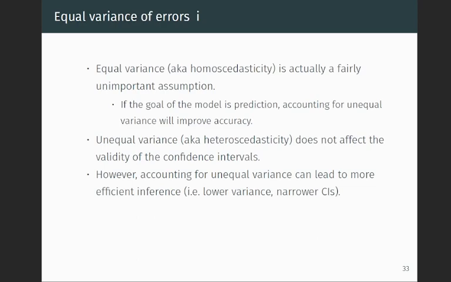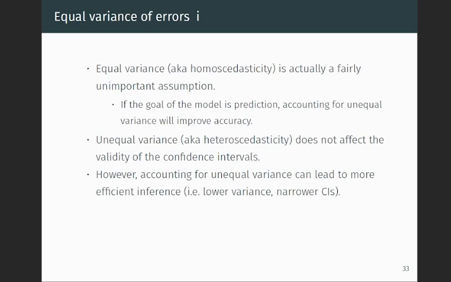Okay, so we've focused a lot on the first assumption, or the first mathematical assumption of additivity and linearity. And we talked a little bit about heteroskedasticity. But I want to point out that this is actually a fairly unimportant assumption, having equal variance. If the goal of the model is to do prediction, then accounting for unequal variance will actually improve accuracy.